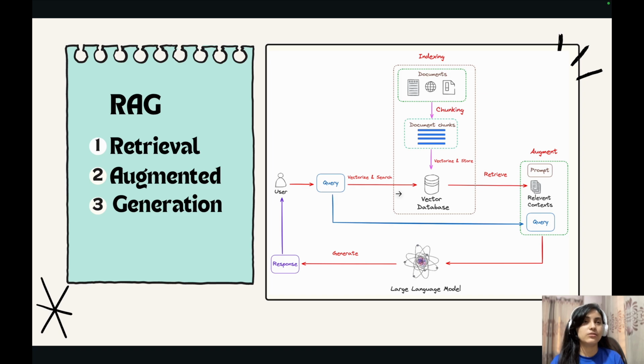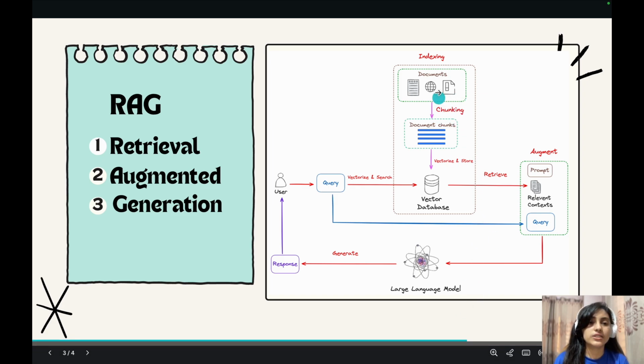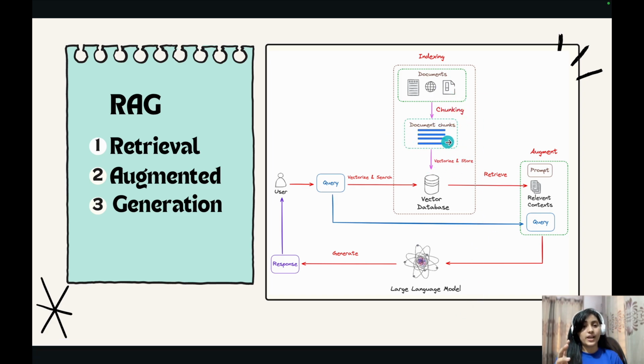The knowledge base which you provide may be your document, maybe the URL link of a website that you want to get information from, or a CSV file. That information is then converted into chunks of information. You see, it is chunked into document chunks, and then it is vectorized. Vector embedding is used here and stored in a vector database or vector space.